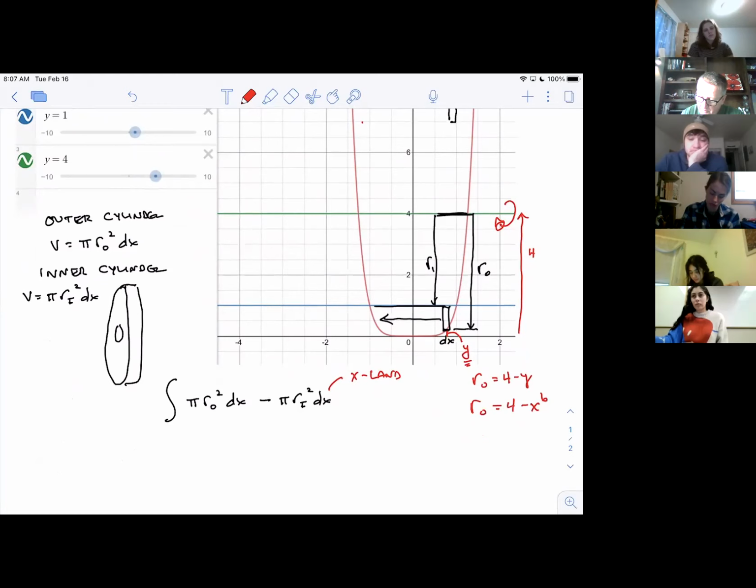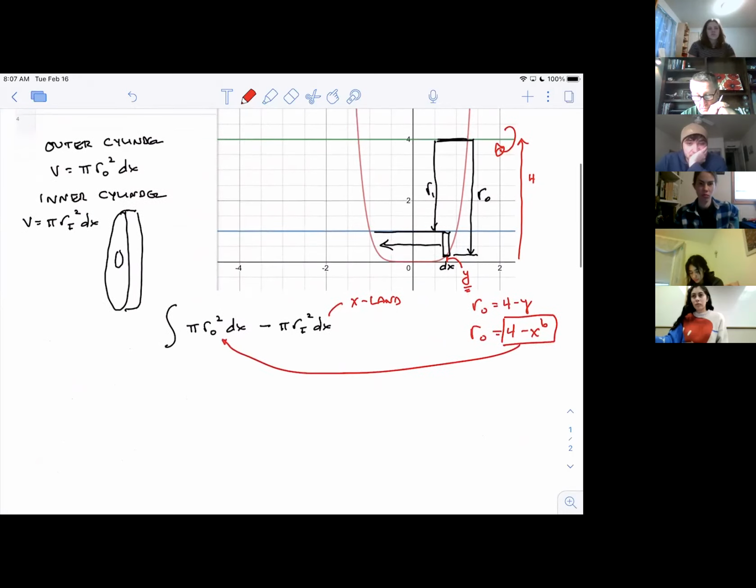So I can throw that statement in instead of R outer. Cool. Now I just have x's. I think it helps to kind of picture this. So I've got 4 minus x to the 6th, and then that's squared, not good. But at least it's all x's.